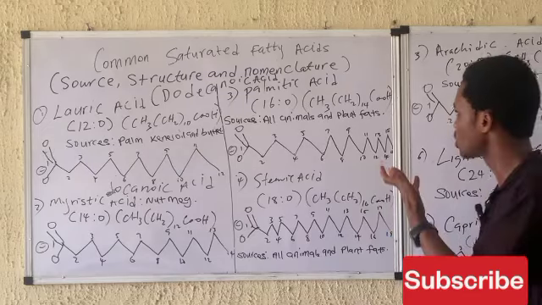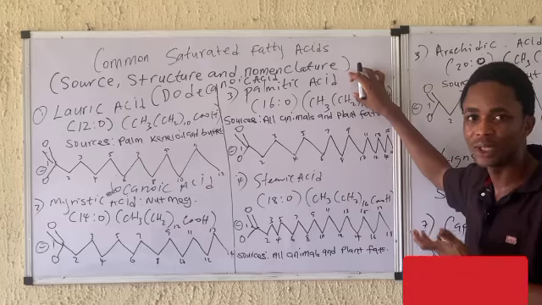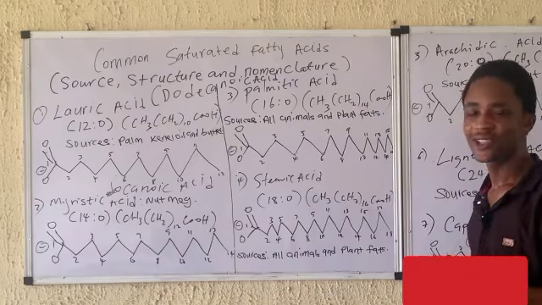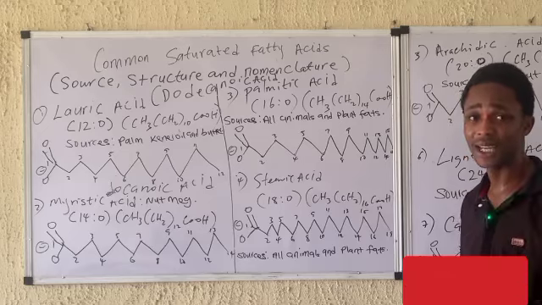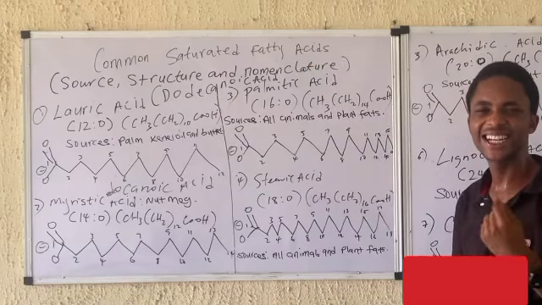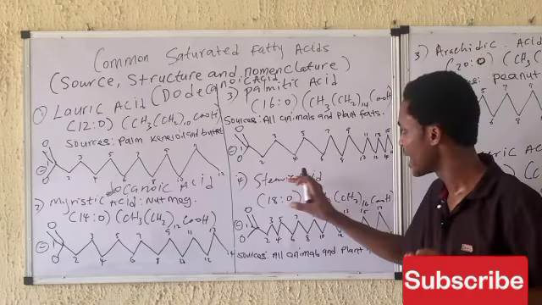Implying that knowledge into this one, the IUPAC name, or the systematic name, of this acid is hexadecanoic acid. Note that one.